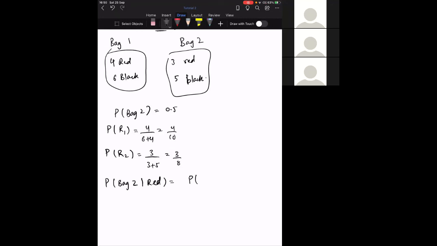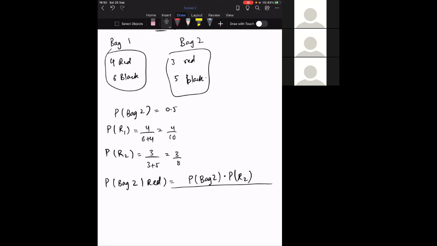So we have the probability of bag 2. We multiply it with the probability of the ball being red in the bag. So that's just R2. And we divide this by the total probability that we can have.